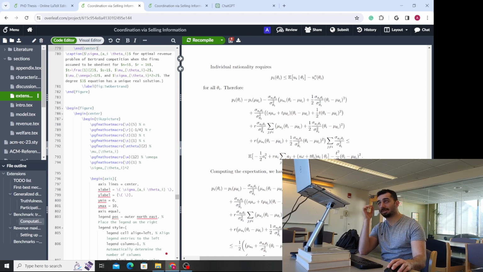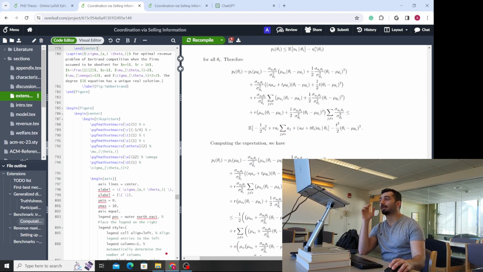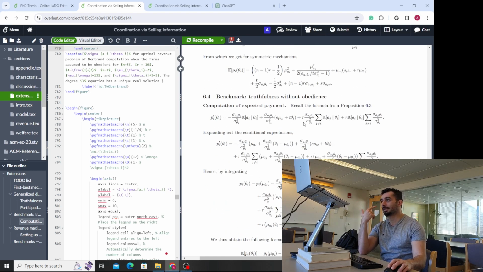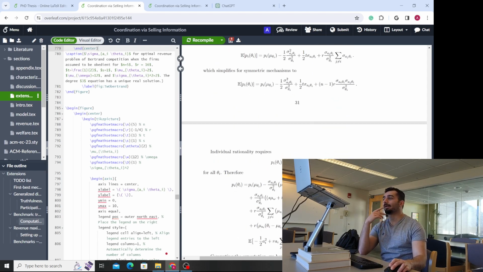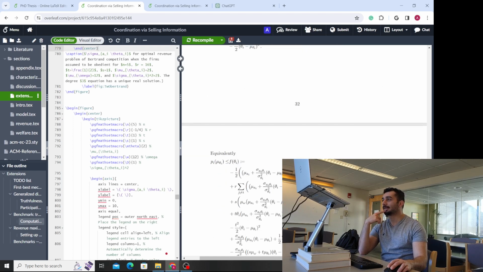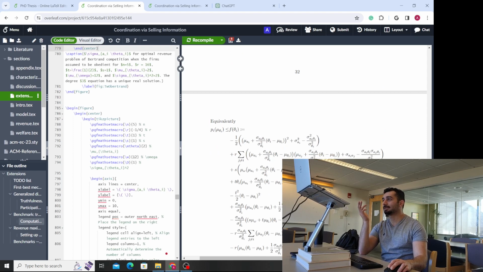We can compute this, and then why do we use individual rationality? Individual rationality is to give us the constant of payment. I can say using individual rationality and substituting the formulas we already have, we can say all of these are not needed.